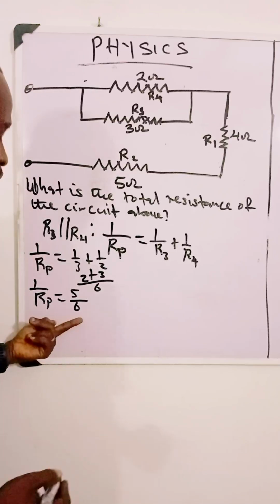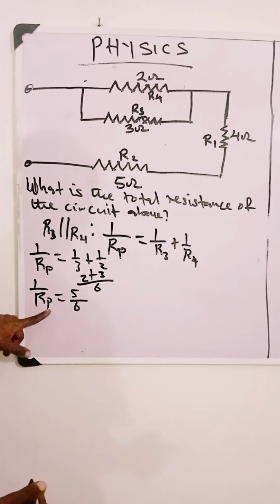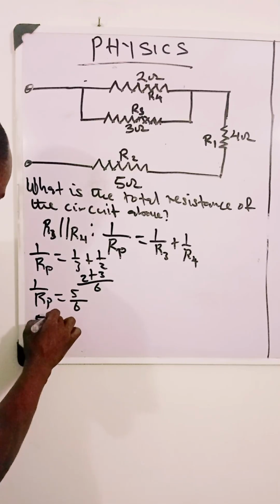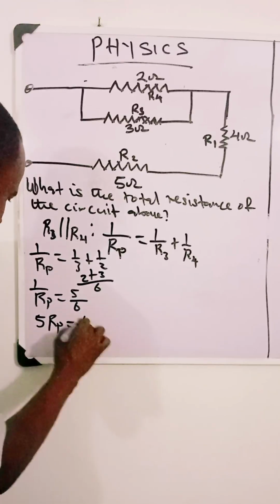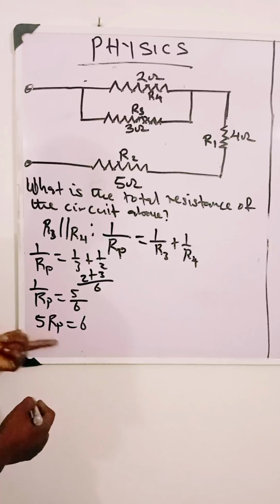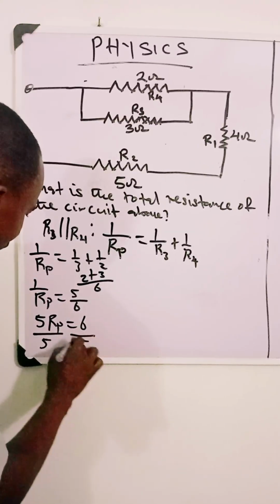Okay, now from here, what I'm going to do is cross multiply and make RP the subject. So this times this, I'm going to have 5 RP. 1 times this equal to 6. 1 times 6 is 6. Next thing is divide both sides by 5 to make RP the subject. So here is by 5, here is by 5.